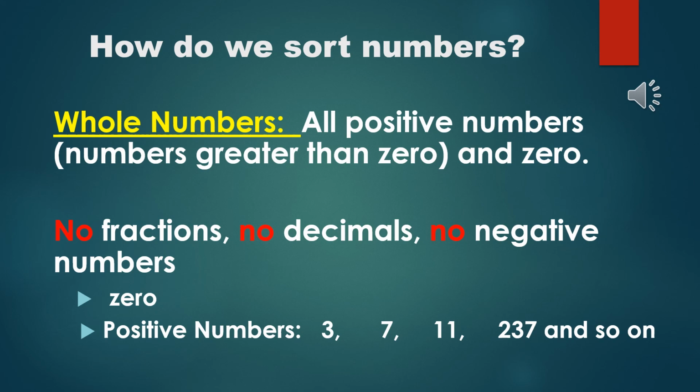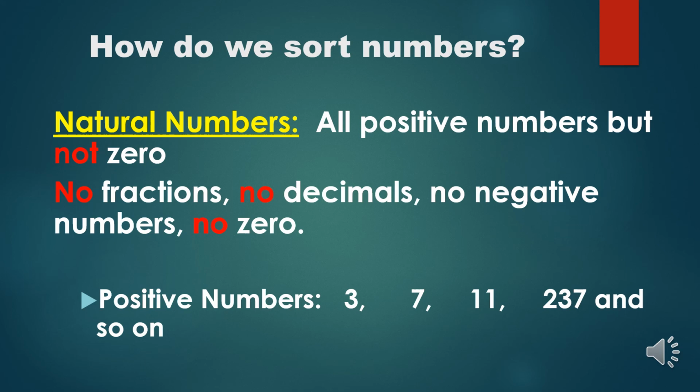If it is a fraction, a decimal, or a negative number, it cannot be included in the subset of whole numbers. 0 and all of the positive numbers are whole numbers.